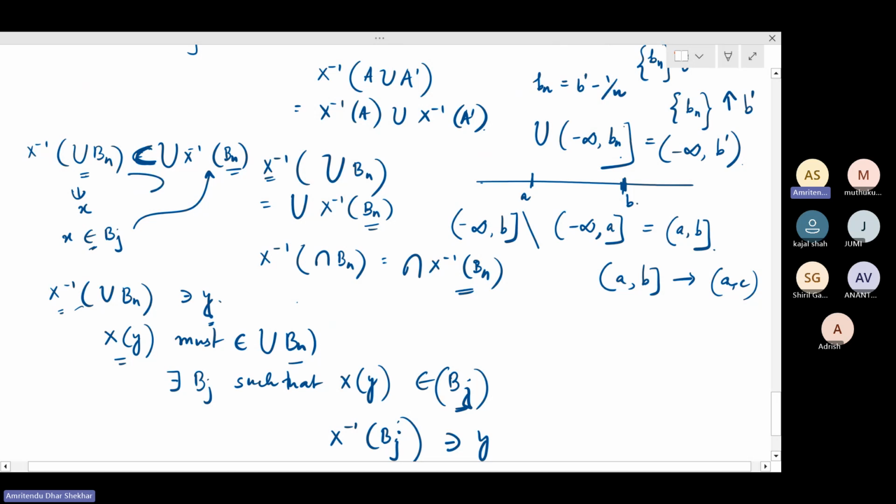Now you have to prove this. This you can also prove in a similar way. Okay, both of these are actually true. It's clear, right? Or should I explain a little more?